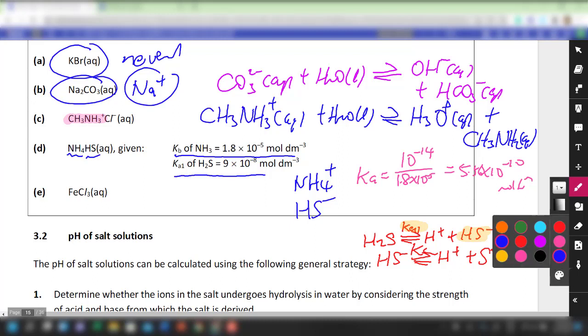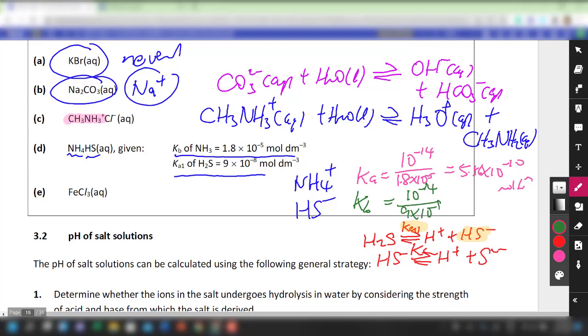Kb essentially is 10 to the power minus 14 divided by 9 times 10 to the power minus 8. Just a quick calculation for me to get the answer. Okay, I'm getting 1.11 times 10 to the power minus 7 moles per dm cube.